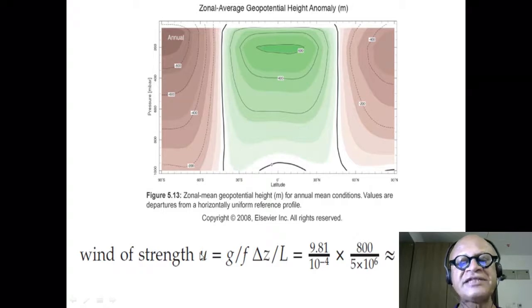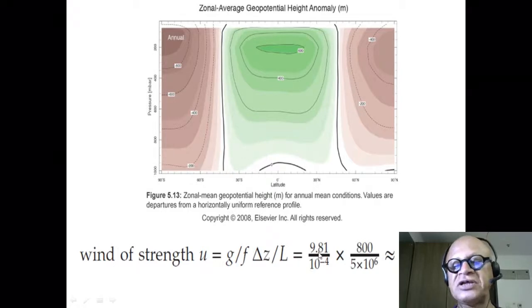So you can estimate the strengths of wind here to see if in fact the geopotential height anomalies correspond to the geostrophic balance. Remembering that geostrophic winds are g over f dz/dy, right? So dz/dy, the geopotential height gradient in the y direction, is going to give us the zonal geostrophic wind.